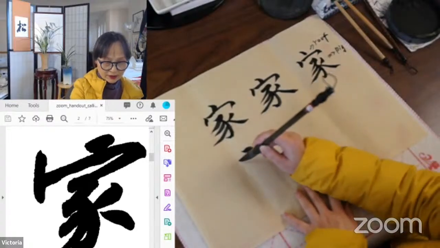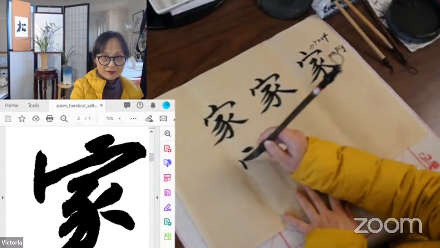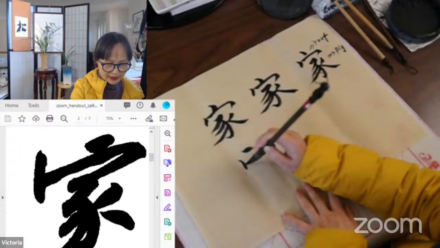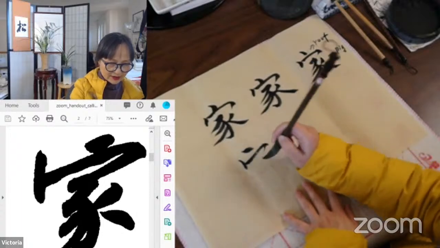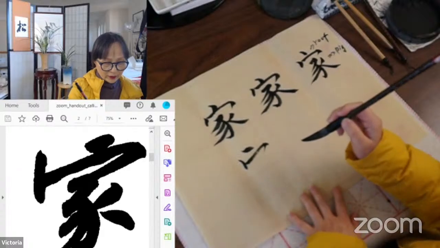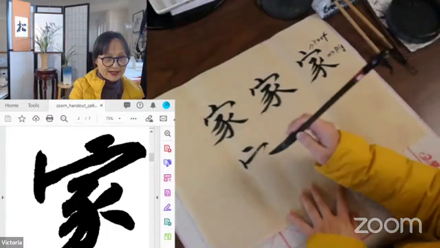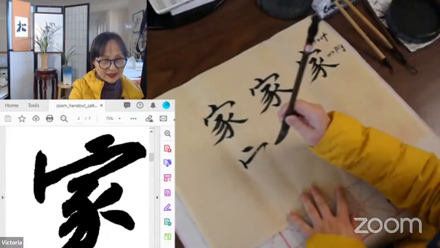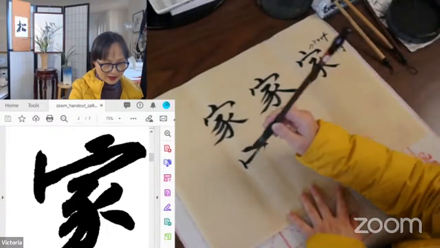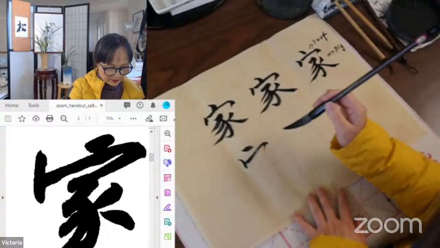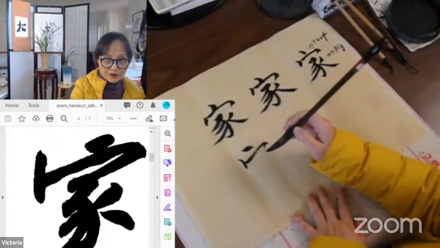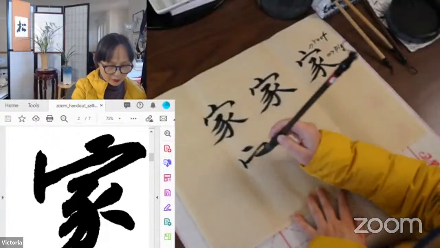And then the vertical becomes like one stroke, very quick, horizontal, and this. By the way, walking style has less pressing and lifting, less of that at the start, but the whole thing still has some rhythm there.